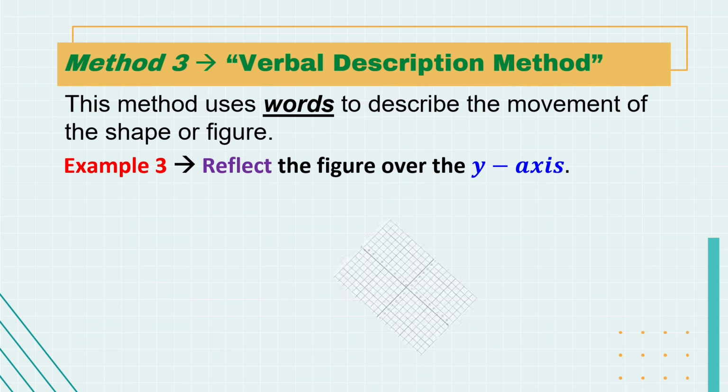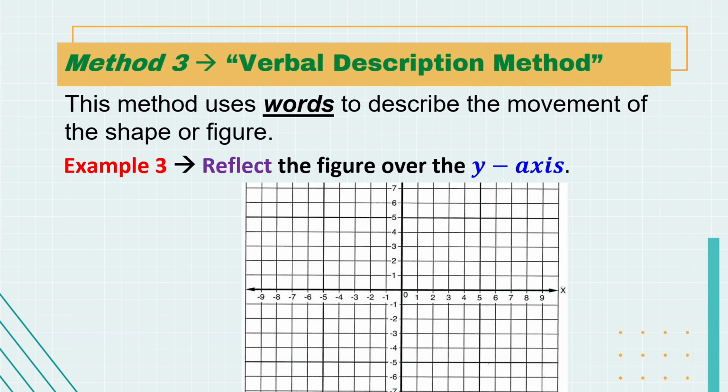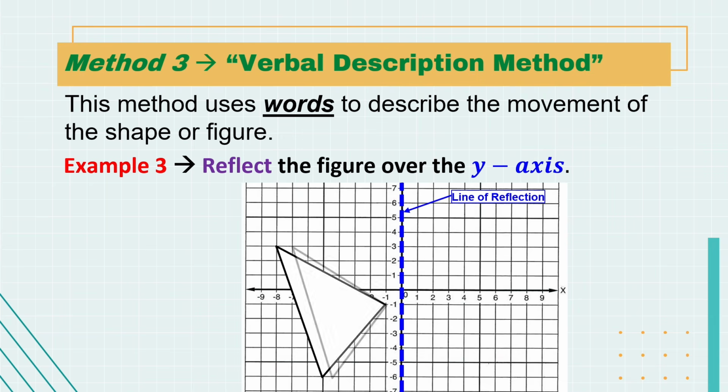The third method is the verbal description method. This method uses words to describe the movement of the figure. For example, reflect the figure over the line of reflection or reflect the figure over the x-axis. This method is easier to understand because it directly tells us what to do. But when solving, we still need to know the correct action.